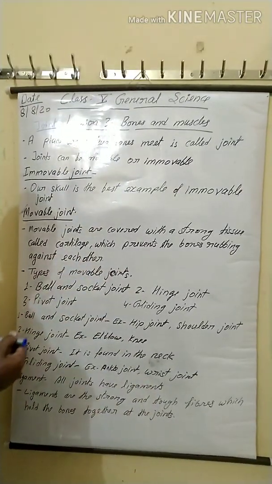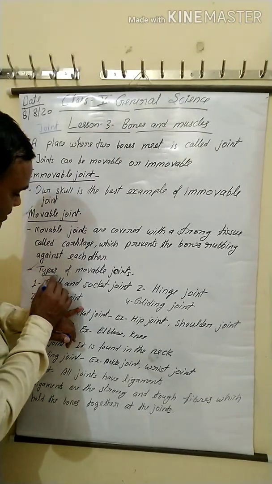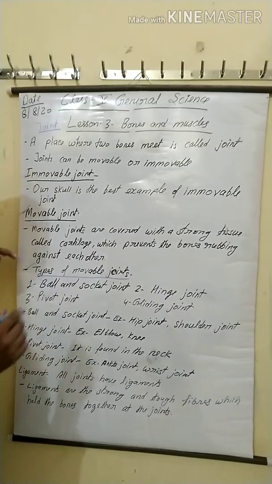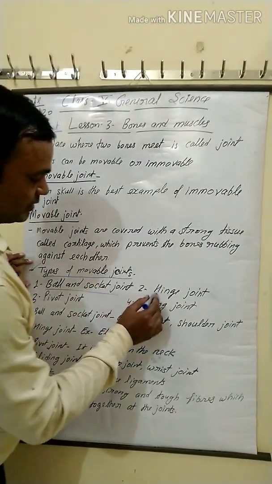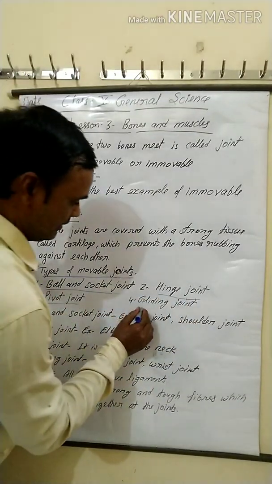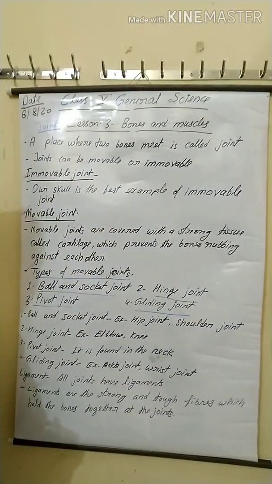Okay, next are the types of movable joints. There are 4 types of joints: ball and socket joint, hinge joint, pivot joint, and gliding joint. First, the ball and socket joint.